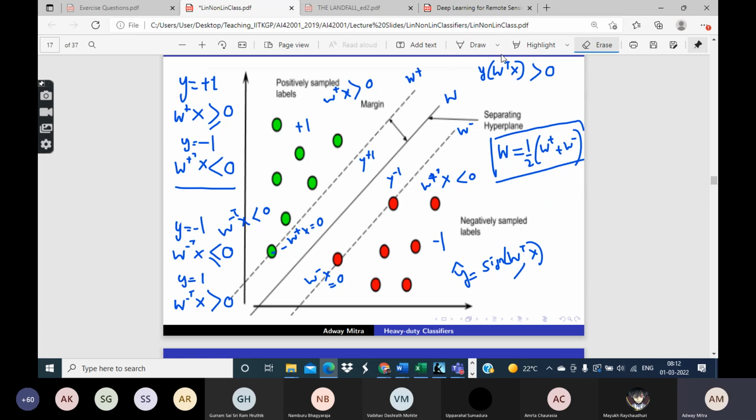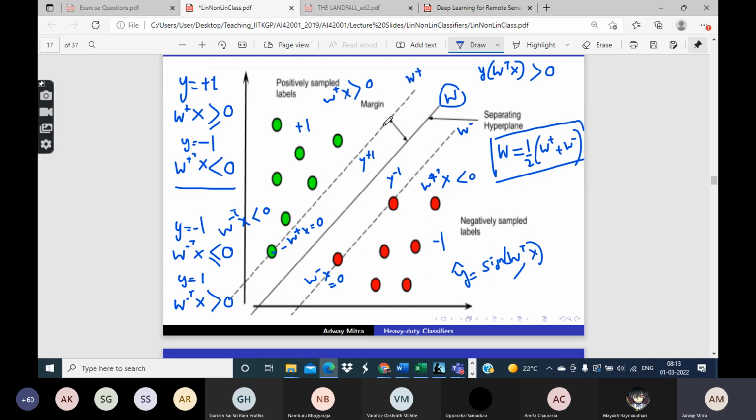Okay, now to make our calculations a bit simplified, we have made an assumption. We already know that W plus and W minus are parallel lines, that is, we have chosen them accordingly. Now we choose W, the actual linear classifier which we will try to find, as lying exactly halfway between them.